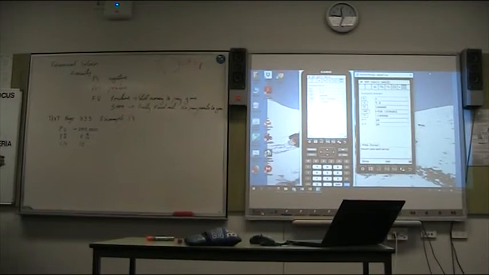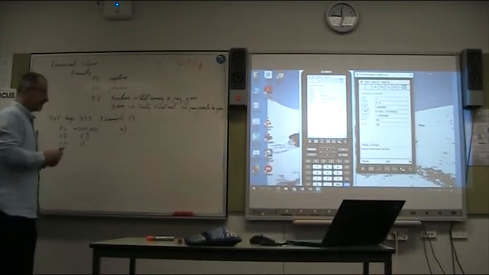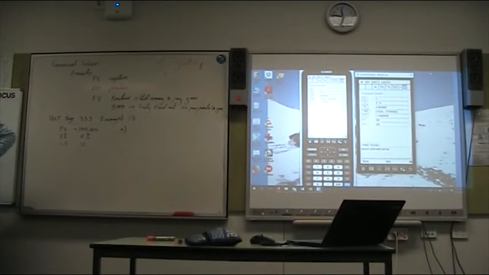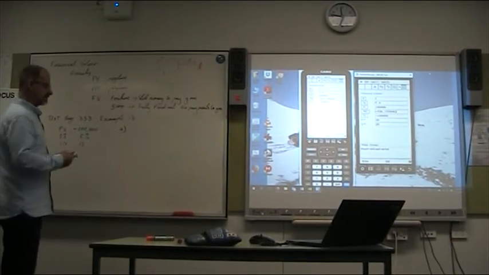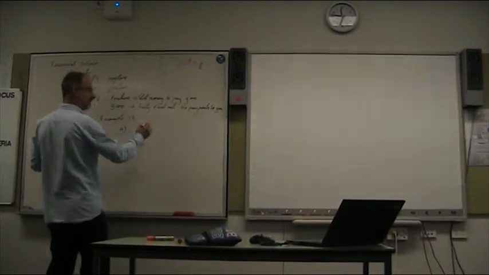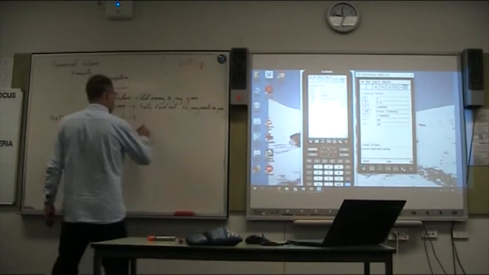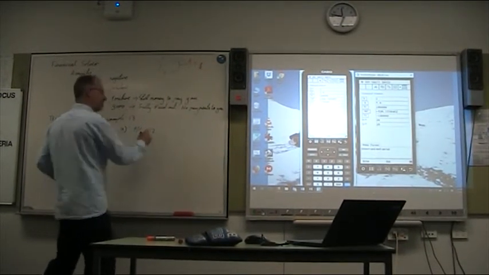So depending on what Joe wants from it, depends on how the rest of it pans out. In the first one it says if he wishes to be paid monthly payments for 10 years, how much will he receive each month? So he wants a monthly payment. So a monthly payment, that's the PY. How often is he going to be paid? He's going to be paid monthly, so 12 times in the year.